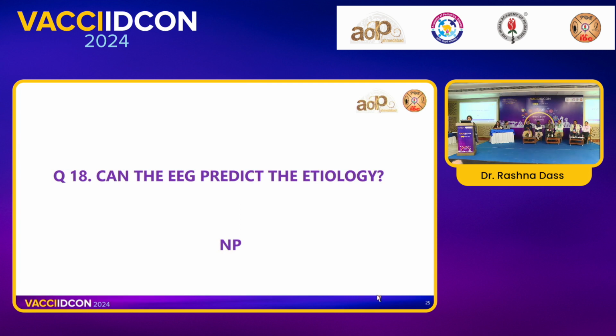So when we are looking at these, it is more important to get an EEG. Even autoimmune encephalitis presents with some characteristic EEG pattern. So EEG, though it may not give you a large spectrum, whenever it is used, it will help you in the diagnosis of etiology. Thank you.